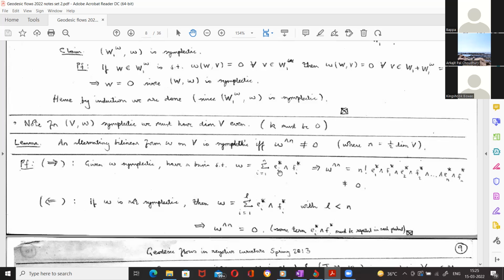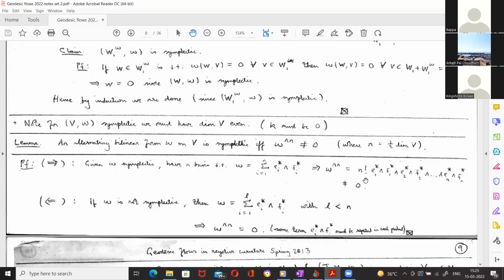So that means from each bracket, I have to choose exactly one, right? So basically, I'll be looking at all permutations of the ei star wedge fi star. And each of those I can rearrange because the wedge product is commutative on two-forms. Each of those will give me e1 star wedge f1 star wedge e2 star wedge f2 star wedge up to en star wedge fn star.